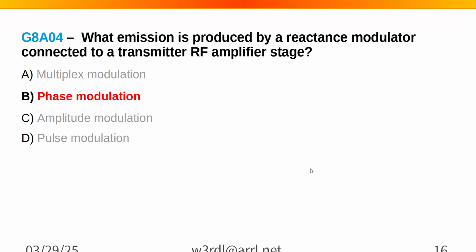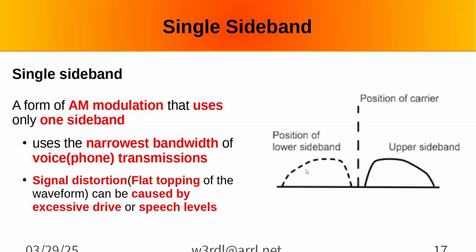Now, if they had listed frequency, that would have been true too, because you can change the frequency with a reactance modulator. In fact, it's kind of hard to understand the difference between changing the frequency and changing the phase. They're sort of connected.